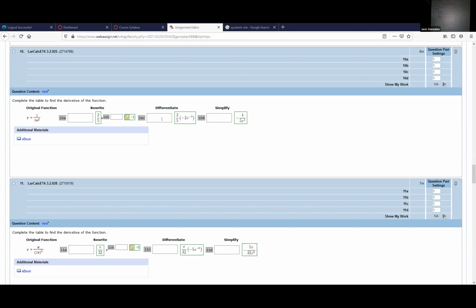Times x to the -3. Okay. And then we would simplify out the whole problem.